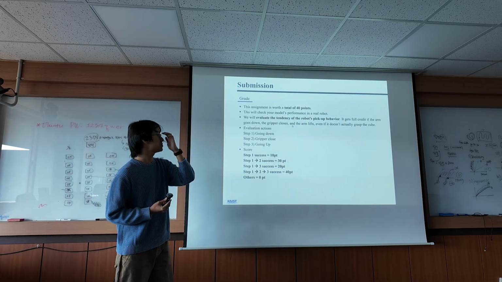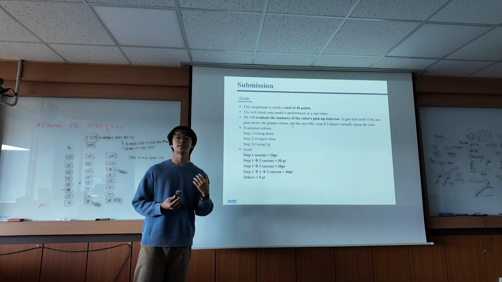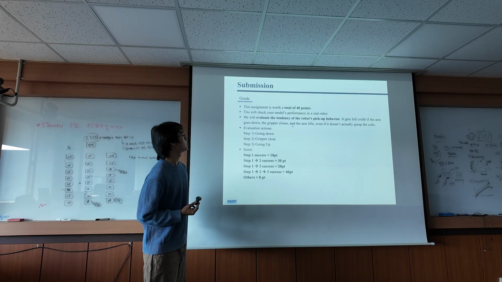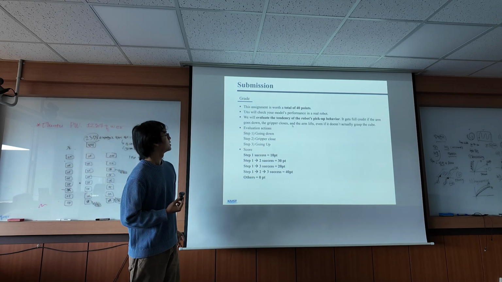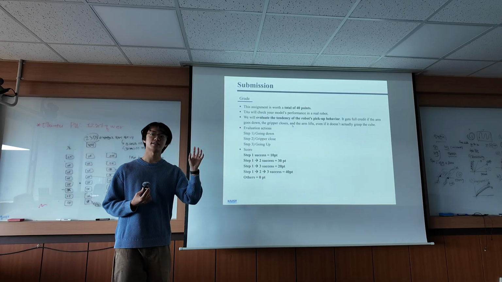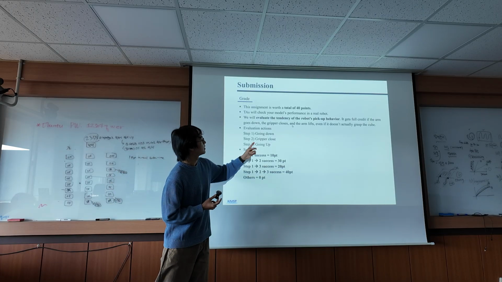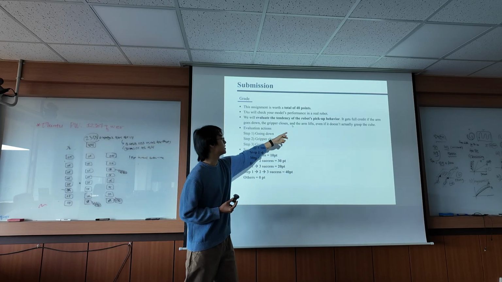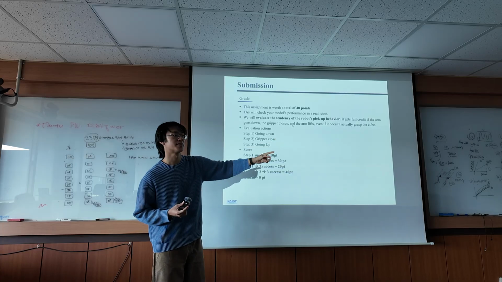For grading, this assignment is worth a total of 40 points. After you send the parameters, TAs will check your model's performance on a real robot one by one, and we will evaluate the tendency of the robot's pickup behavior. The task is to pick up the cube, and it gets full credit if the arm goes down, the gripper closes, and the arm lifts, even if it doesn't actually grab the cube.